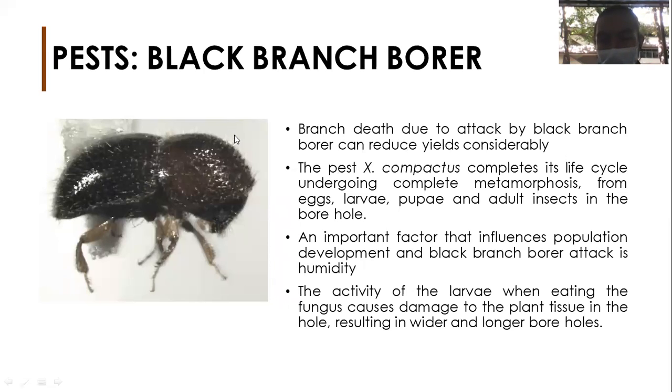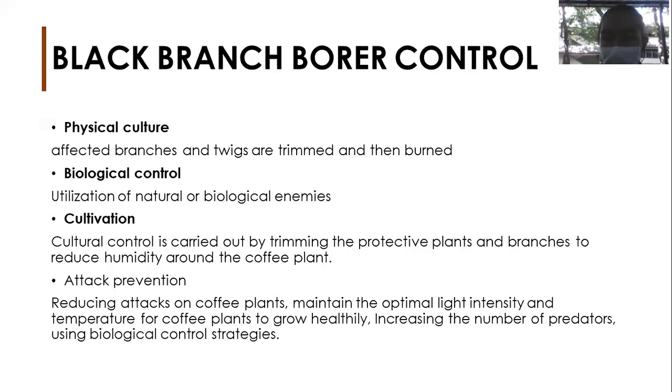An important factor that influences population development and black branch borer attack is humidity. The larvae eat the fungus, which causes it to mix into the plant's tissue in the hole, resulting in a wider and longer hole. Then black branch borer control.